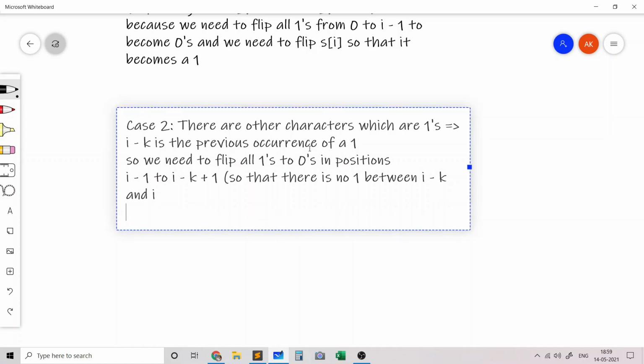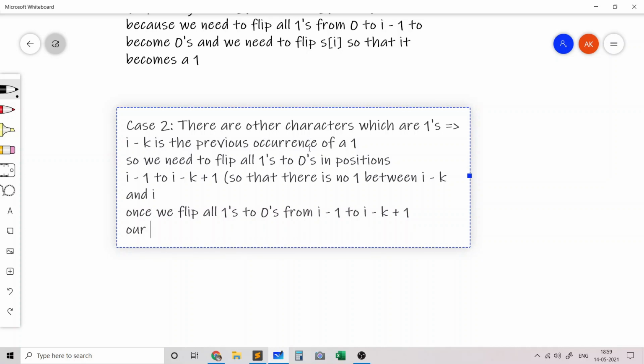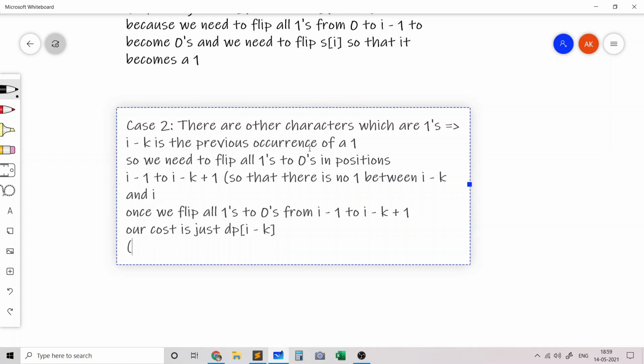The other thing to notice is that once we flip all ones to zeros from I minus 1 to I minus k plus 1, our cost is just dp of I minus k, and this is because we have a subproblem of the same nature, but on position I minus k.